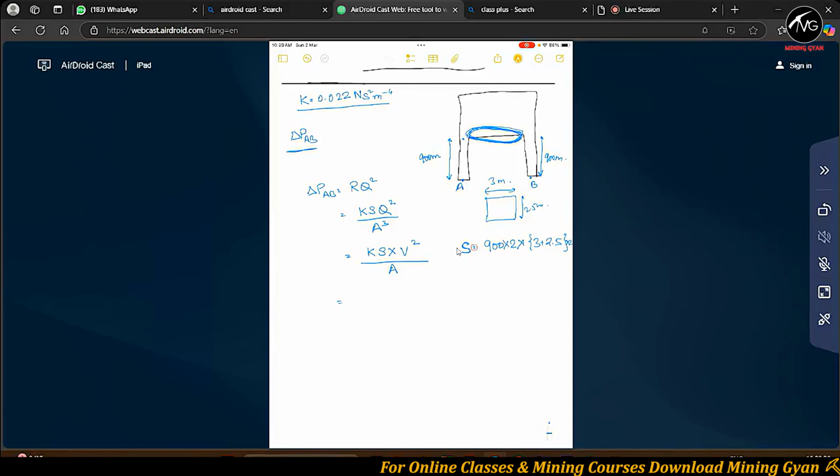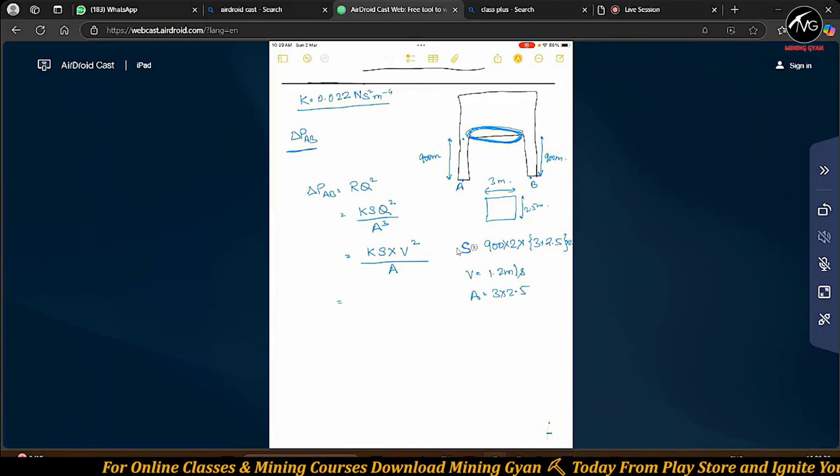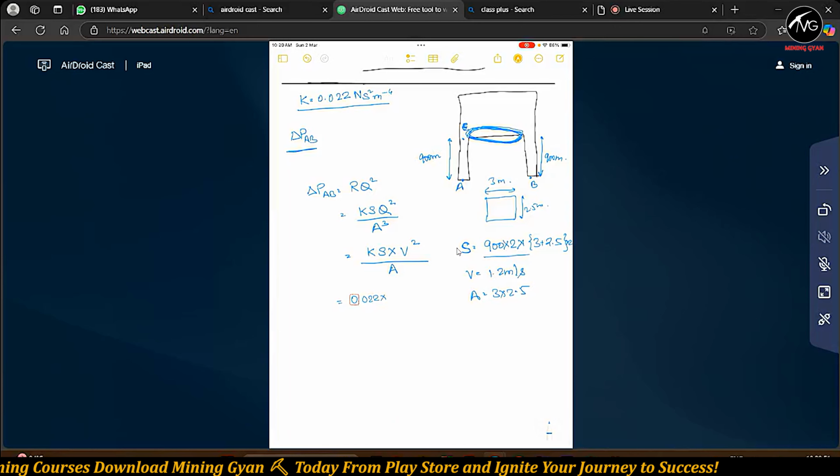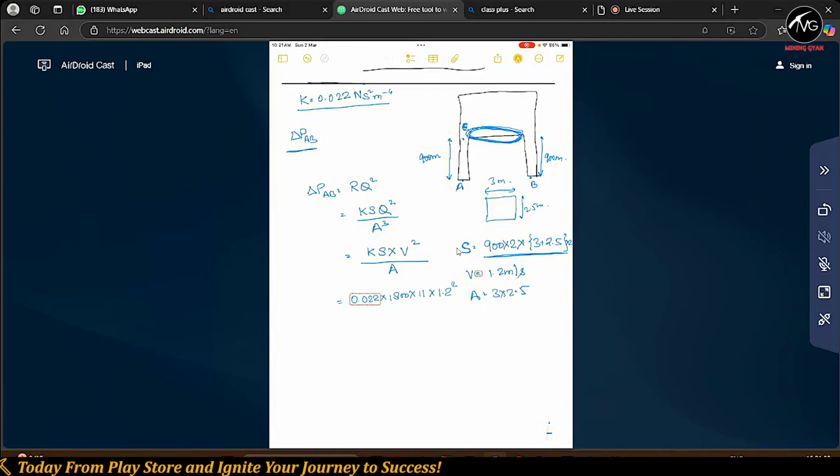This is the whole S. V in our case is 1.2 meter per second. So K is... S is this. Area is this.